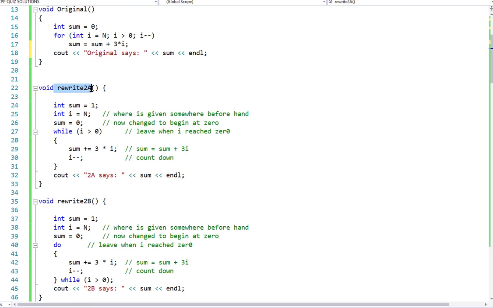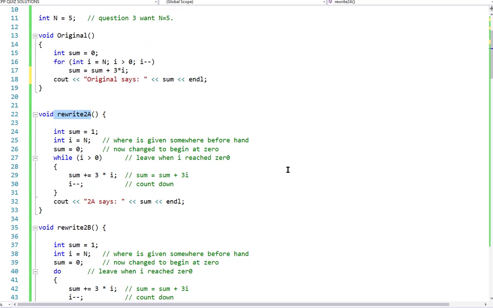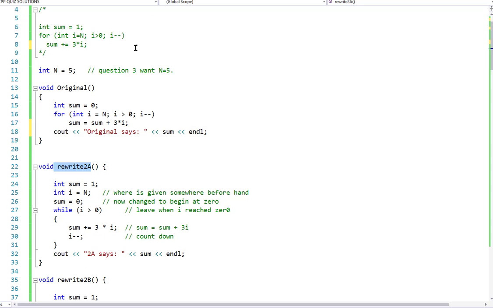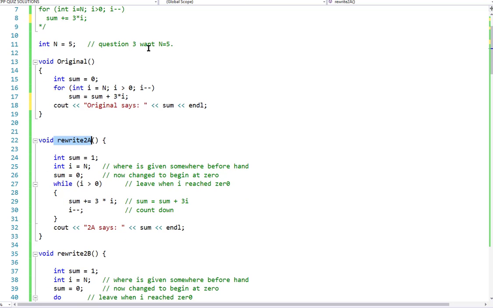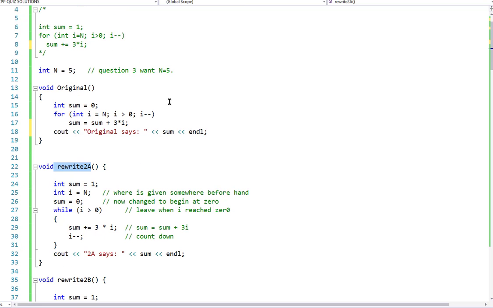So here's my first rewrite. I put it in a function called rewrite. And I want it to look like the original as much as possible. And I look here, I say I equals n. So here I have I equals n. Sum equals 0. Oops. Got a little carried away here.